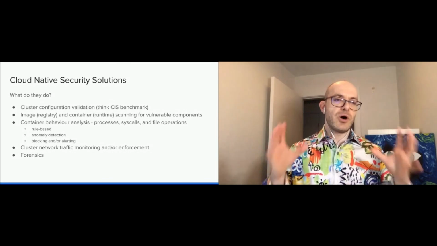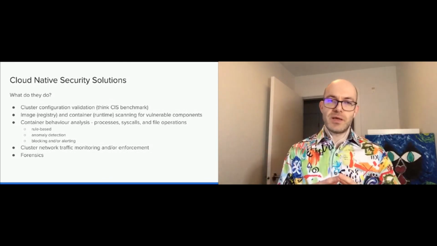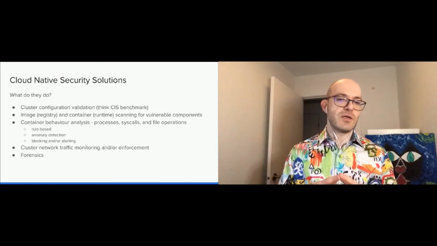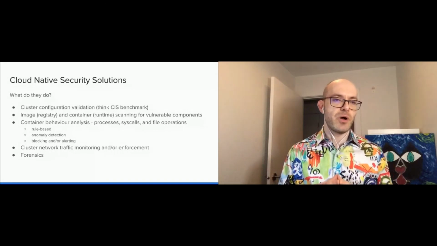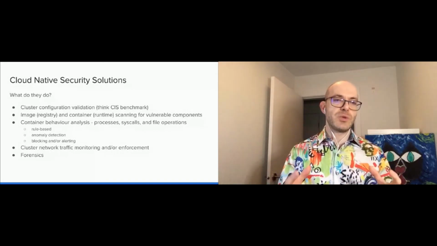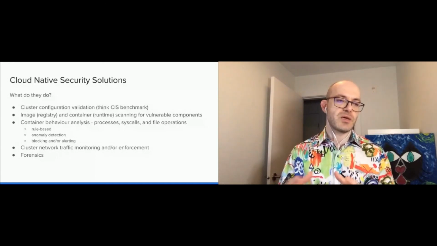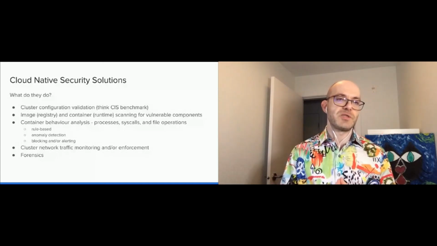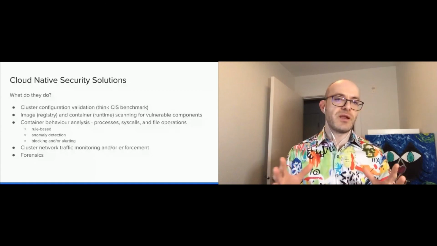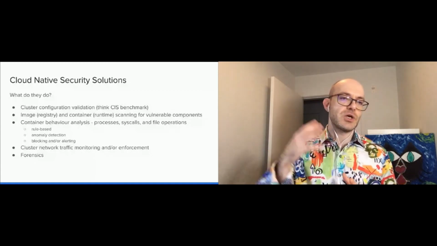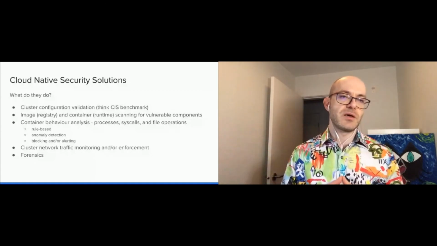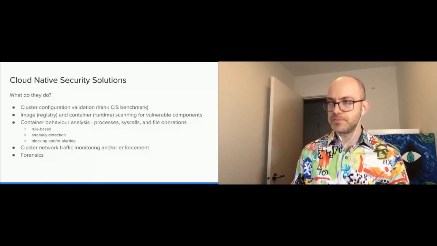Keep in mind, all of this is ephemeral, and containers die and get restarted, and stuff happens to them all the time. And if you want to preserve any of the information, such as logs or memory dumps and things like that for incident response purposes, there are no native tools available for that. So this is the gap that the cloud-native security solutions address.